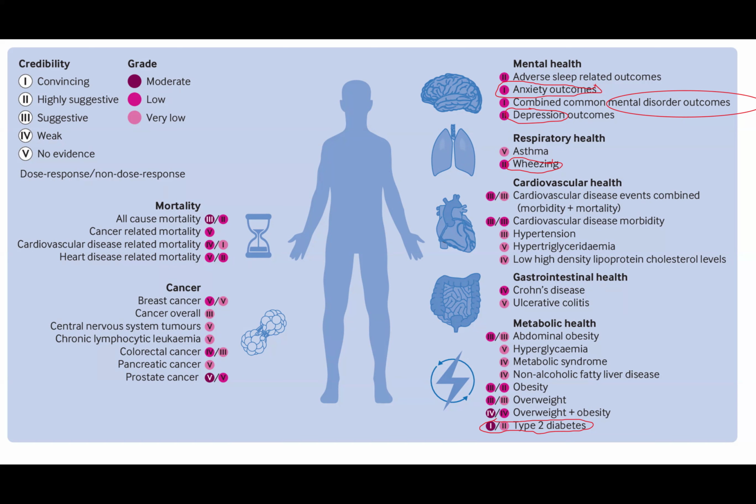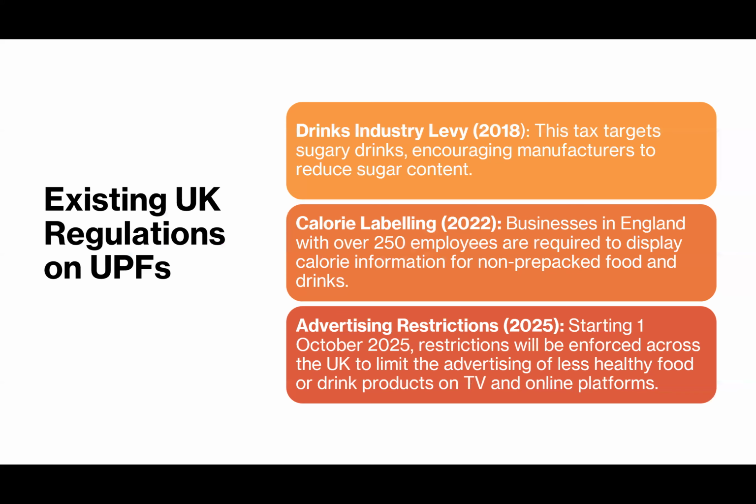If you use ultra-processed ingredients, let's say oils to sugars, and you overwhelm your diet with processed things, you're at high risk of anxiety, mental disorder outcomes, and depression. As a result as well, development of type 2 diabetes, of course, metabolic health, and all others.